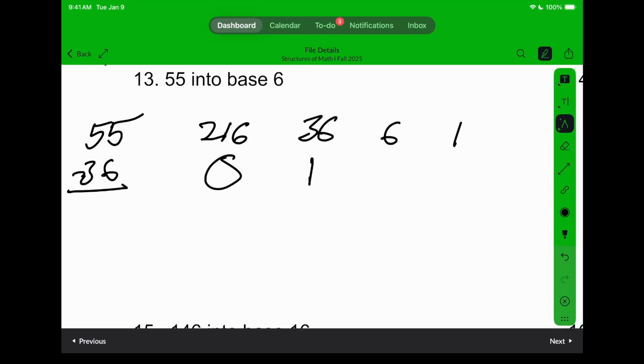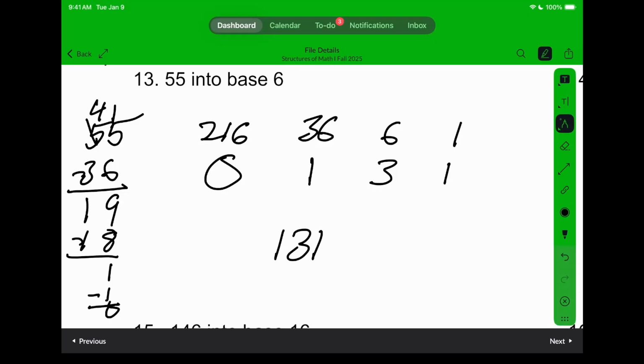So 55 minus 36 is 19. 6 can go into 19 3 times, 18. 19 minus 18 is 1. 1 can go into 1 once. 1 minus 1 is 0. The base 6 number is 131, base 6.